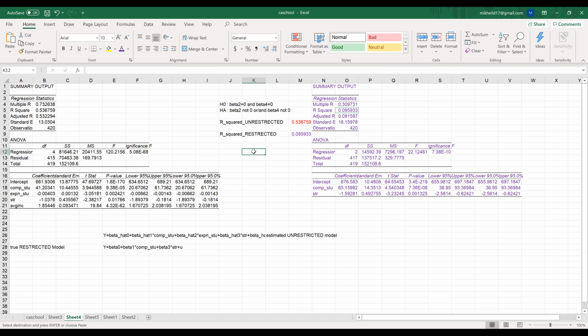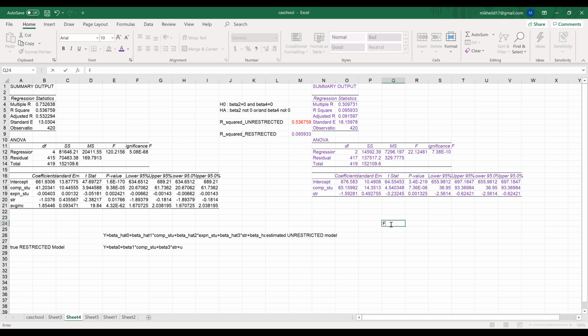Now we need to recall the formula of the F statistic. If you go back to the last class slides, you will see that there you have the formula for the F statistic. And F statistic is what?